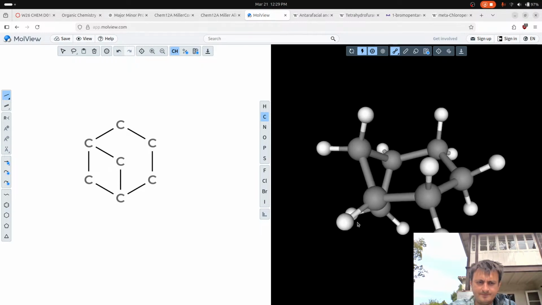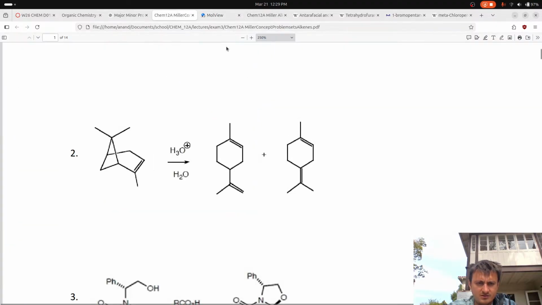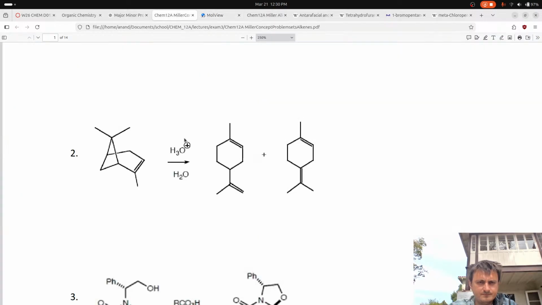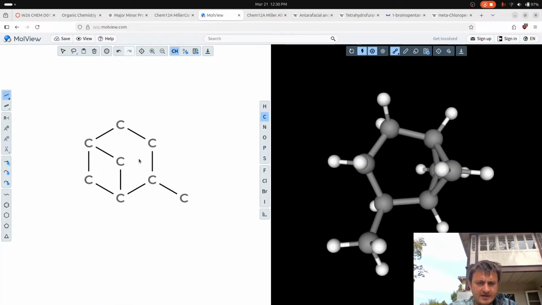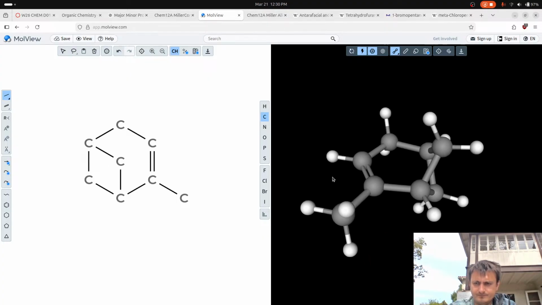So we have the ring, and now what we need is, across from this, we want a methyl, and then on that here we want a double bond. Okay, so that looks like the structure to me.